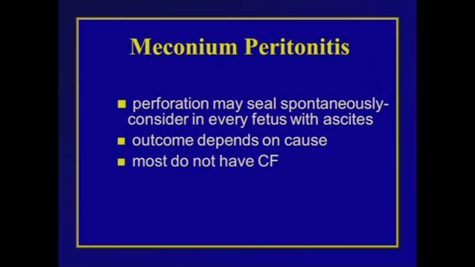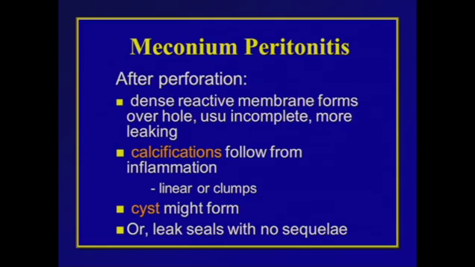What will happen to the fetus depends on what caused the perforation. Most of the time, fetuses who present with ascites with their small bowel obstruction do not have cystic fibrosis. Once the perforation has occurred, there's a reactive membrane that forms over the hole. Typically, it's incomplete, but sometimes it is complete. So we can't predict whether there's going to be more leaking from that hole or not.